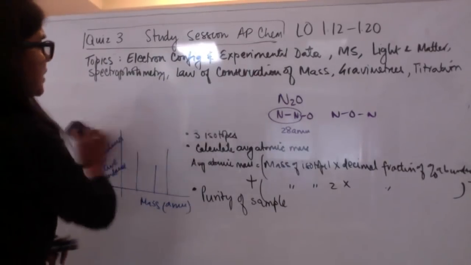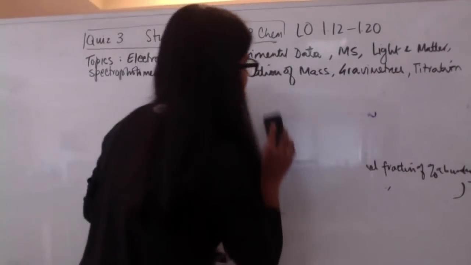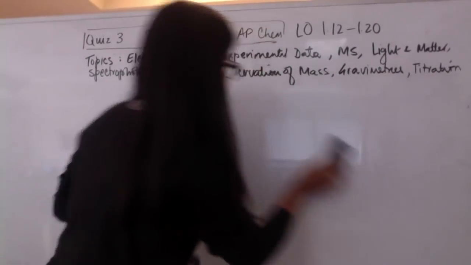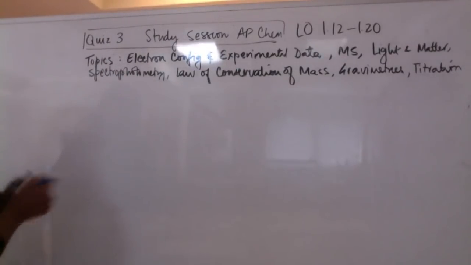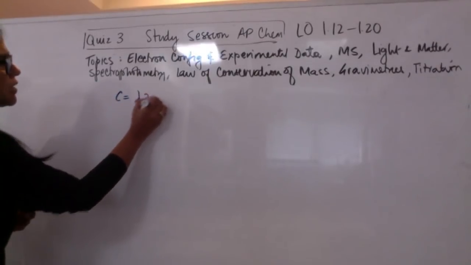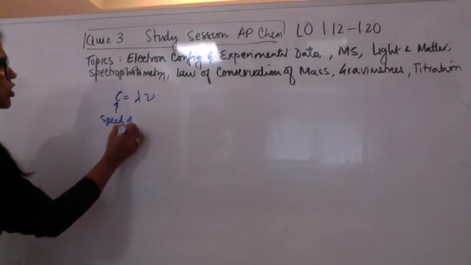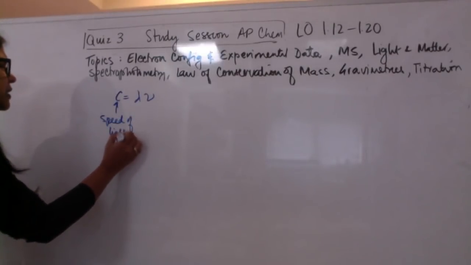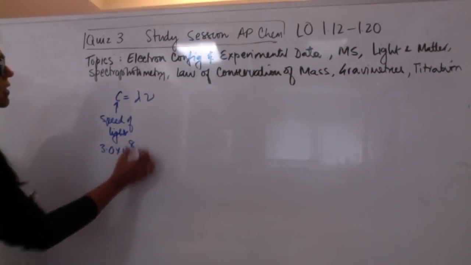Next concept is light and matter, and this one has been slashed quite a bit with the redesign. So the really relevant thing in light and matter is the equation c = λν, where c is the speed of light, which is 3 times 10 to the power 8 meters per second.